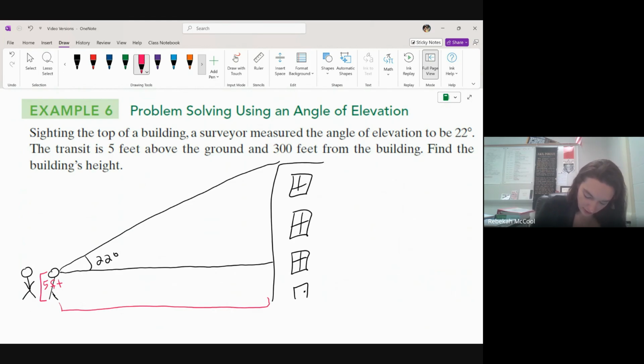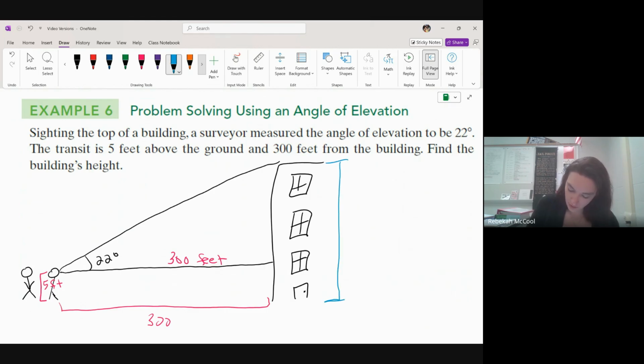This distance here is going to be 300, so that's also the same distance as that part of our triangle that we've created. We're trying to find the height of the building, so ultimately, this is what we're trying to find. But notice we only get to use part of that from our triangle. So let's go ahead and call this missing piece X, because that's what we like to do.